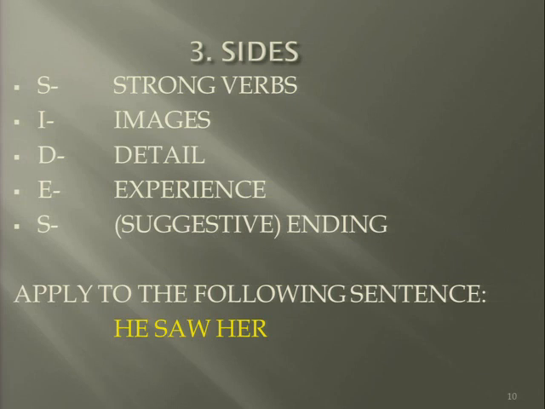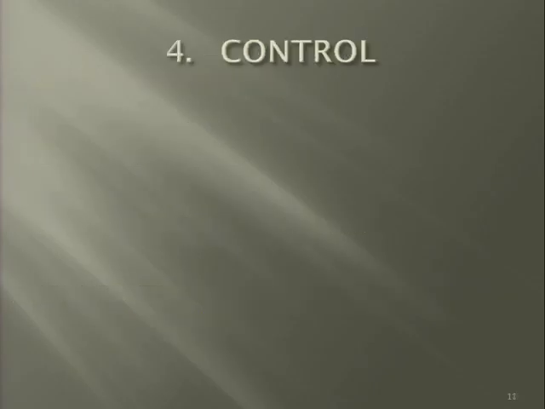Likewise with sentence types. Not every sentence should be a statement. Some of them should be commands. Some of them should be instructions. You can use any other type of sentence.